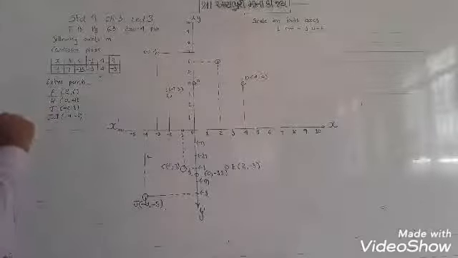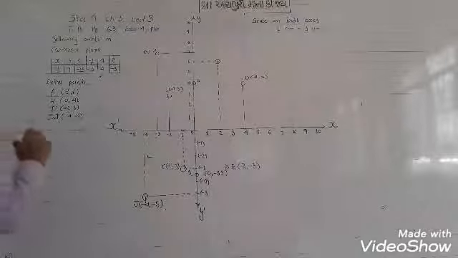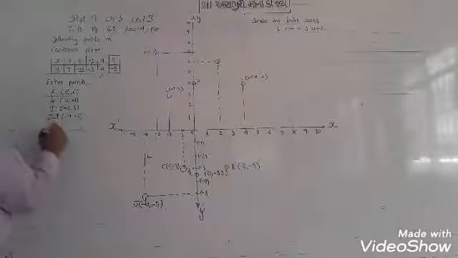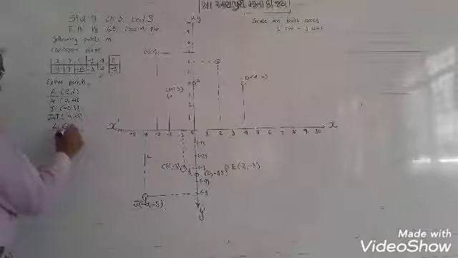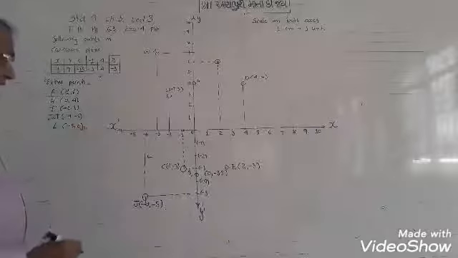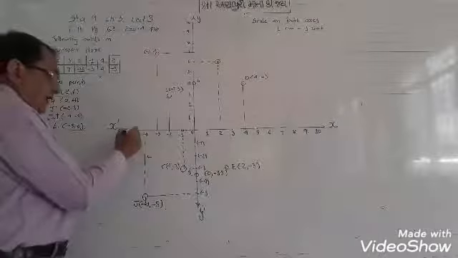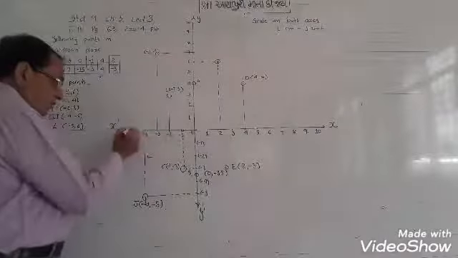Okay. Then F, -5, 0. Where is -5 x coordinate here? Where is the y coordinate? 0 here. So I will draw a horizontal line.